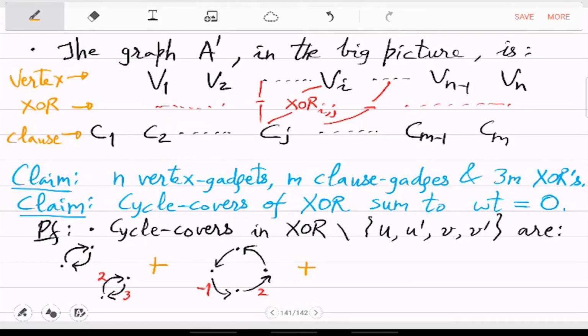The third cycle cover is where we can crisscross using the edge which is horizontal.